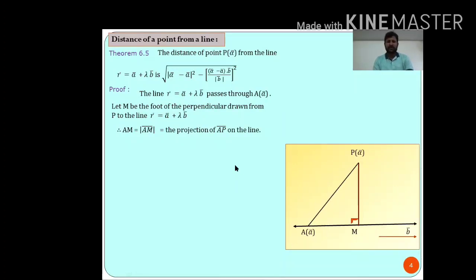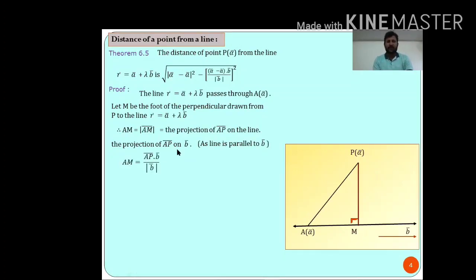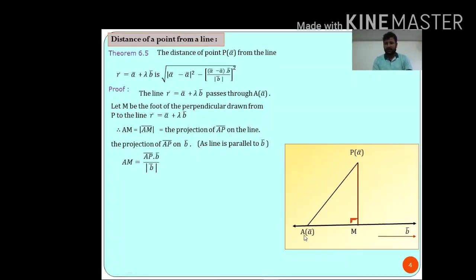So it is expressed as the vector projection of AP bar on B bar in terms of dot product, that is, length of AM equals AP bar dot vector B bar divided by magnitude of B bar. This is the projection formula. Length of AM is obtained by the projection of AP on the parallel vector B bar.